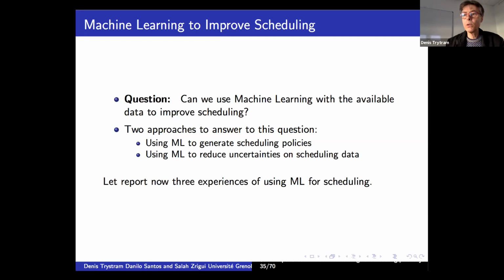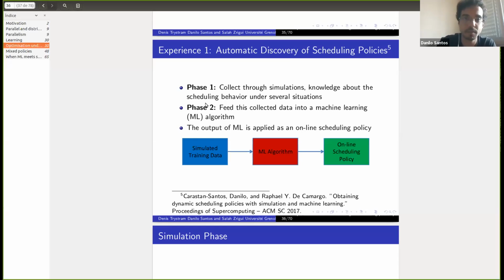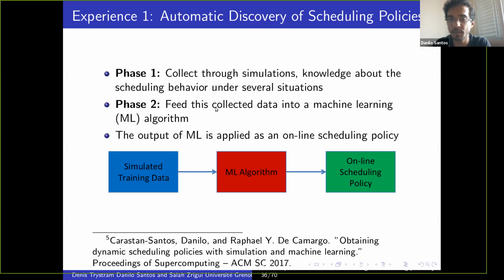Okay, so maybe Danilo, could you share your screen? Yes, you want me to stop this one, right? Yes. Okay, share screen. Okay. I think, is it okay? Are you guys seeing the slide number 36? Yes, it's fine. All right.